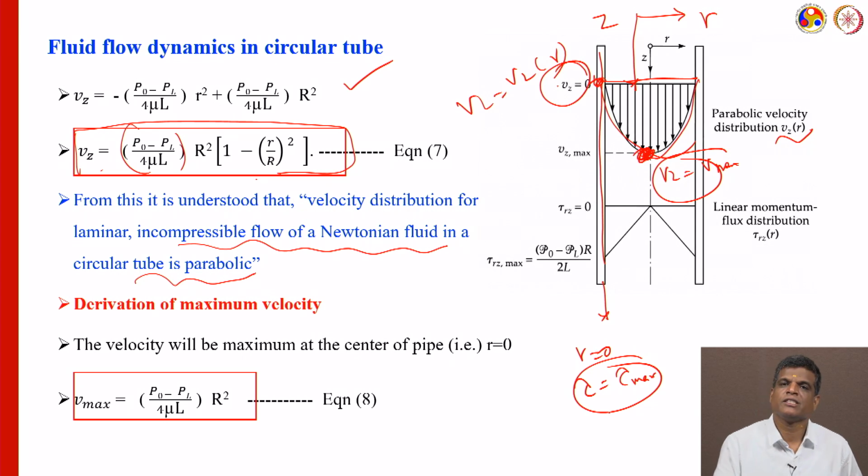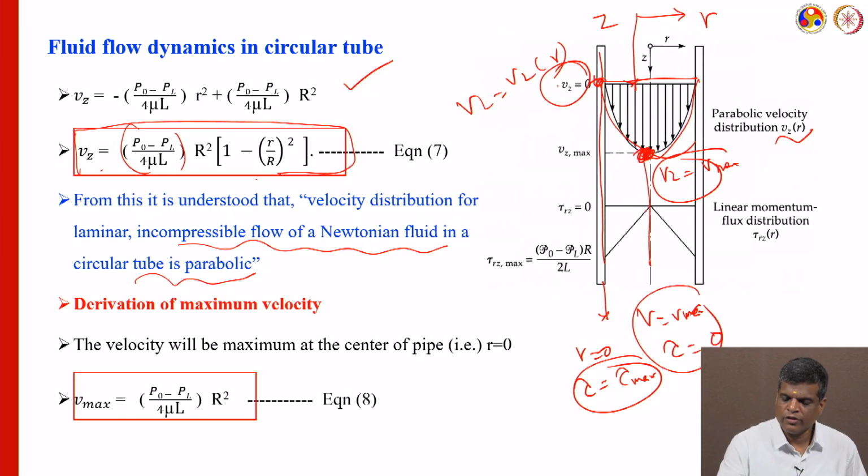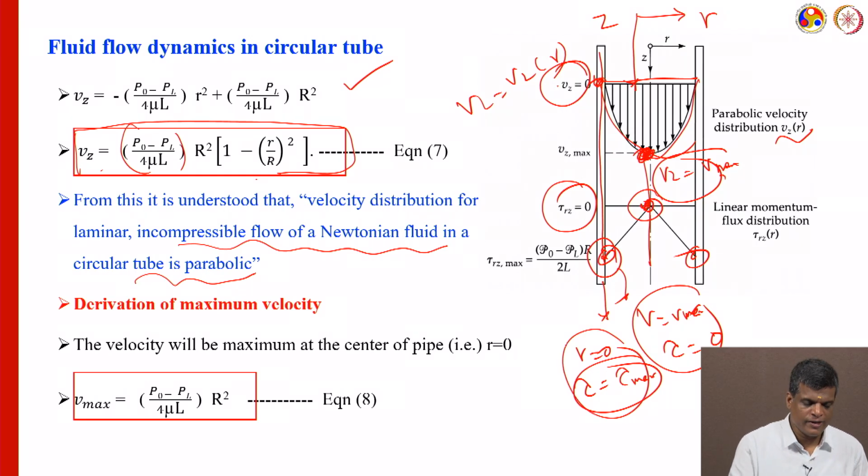Wherever V equal to V max, the shear stress tau equal to 0. So at this point shear stress is 0 but velocity is the maximum, and in the same way on both sides, where the velocity is 0, automatically the shear stress is the maximum. That's what they are showing here.